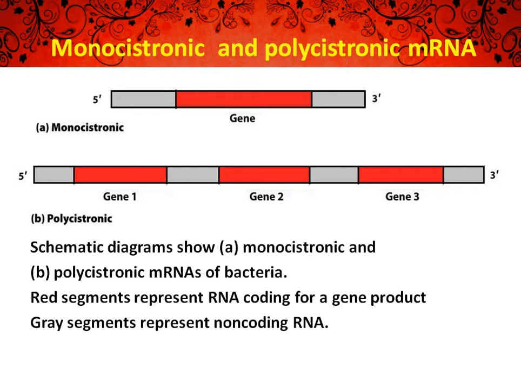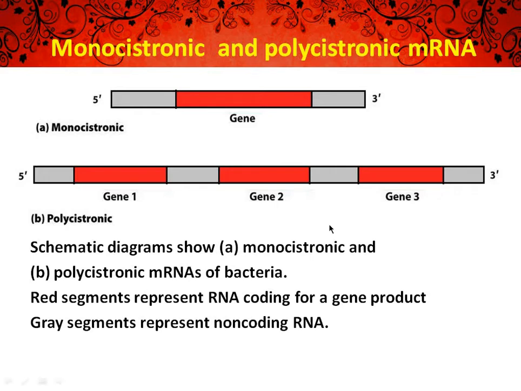Monocistronic mRNA is found in eukaryotes and in prokaryotes also. Polycistronic mRNA is an mRNA which carries the coding regions for more than one gene.